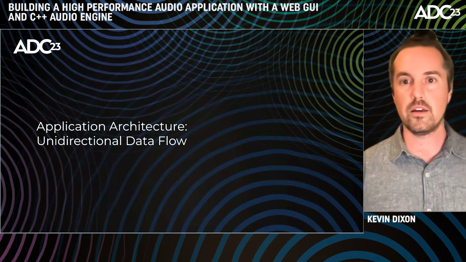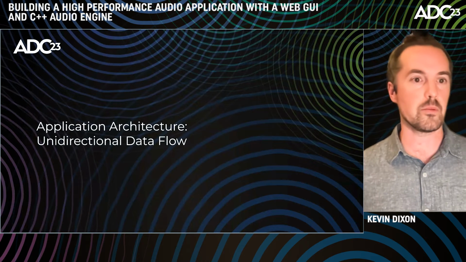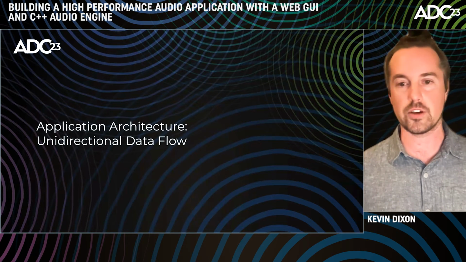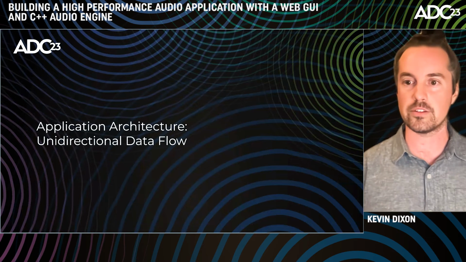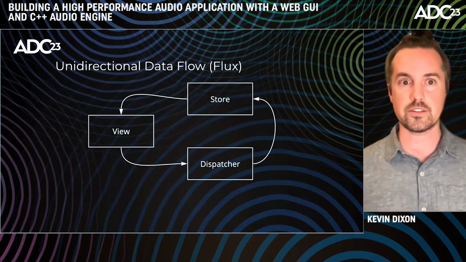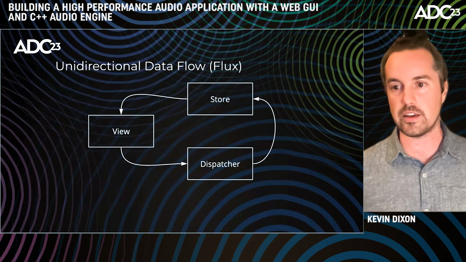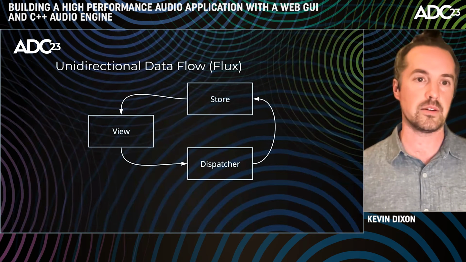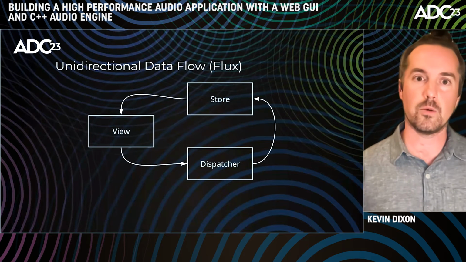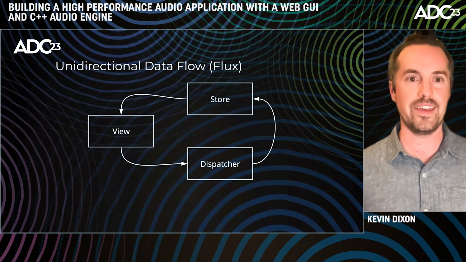A lot of people on the team had experience with unidirectional data flow, so we wanted to look into that and try to adopt it. It's inspired by Redux, and since we have a strong contingent of TypeScript engineers at Output, we'd heard how great it was.